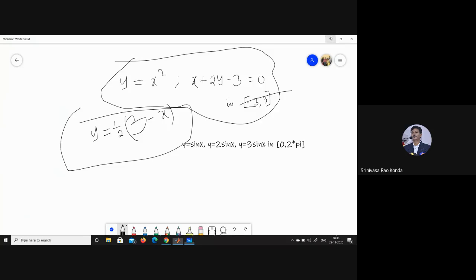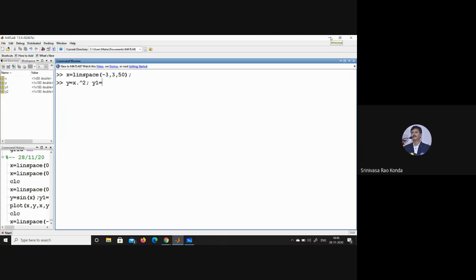So y1 is equal to 0.5 star 3 minus x. That's enough. Plot x comma y comma x comma y1.